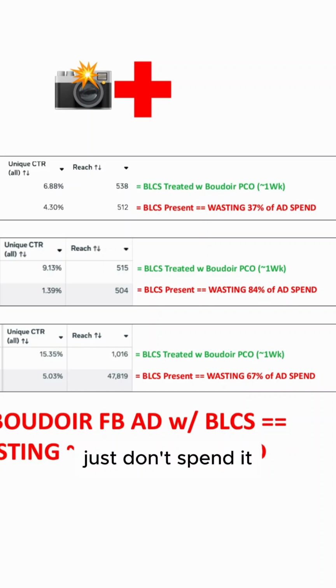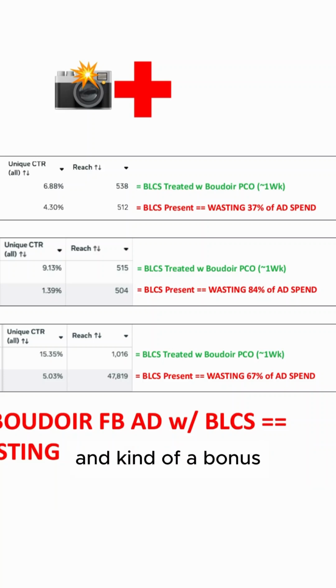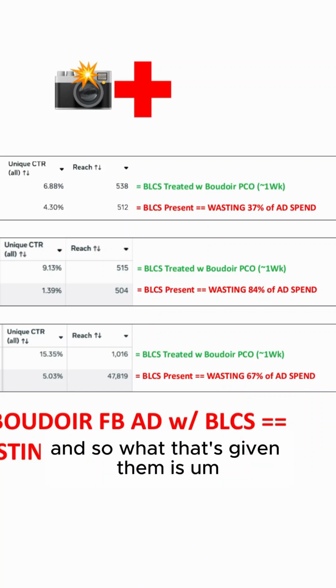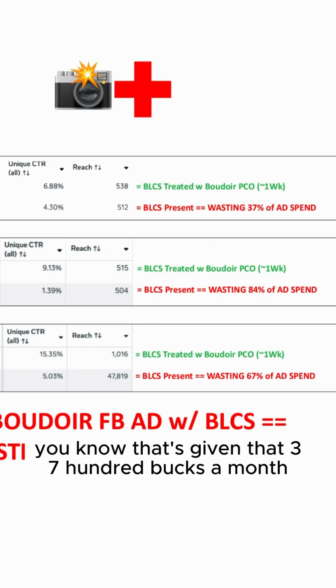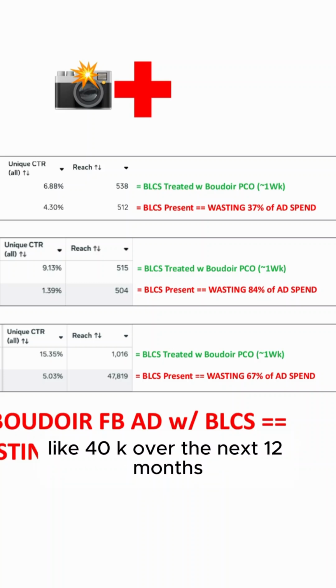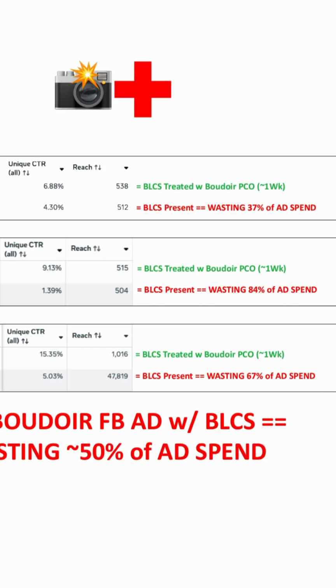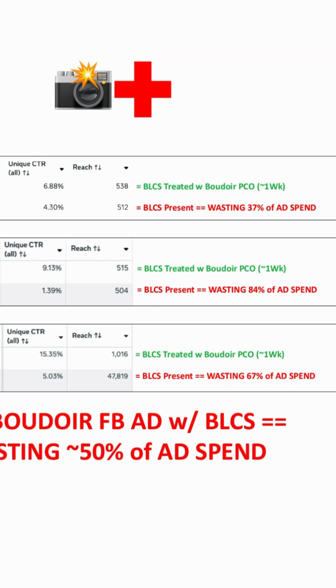They just don't spend it because it would have all been wasted anyways. And kind of a bonus, $3,700 a month bonus. And so that's given them $3,700 a month, which is actually like $40K over the next 12 months, by simply not having to burn that cost.